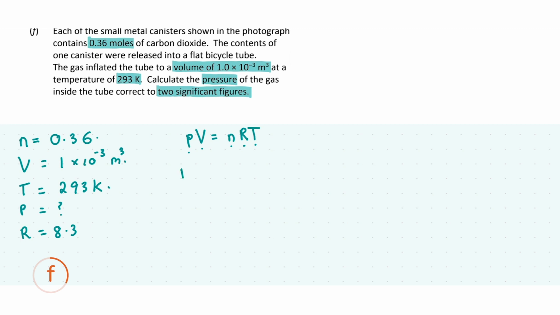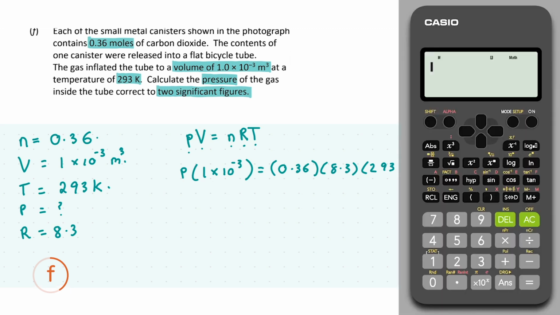So now let's fill this out. Okay, so P multiplied by 1 times 10 to the power of minus 3 is equal to 0.36 multiplied by 8.3 multiplied by 293. Okay, so let's work out the right-hand side first.